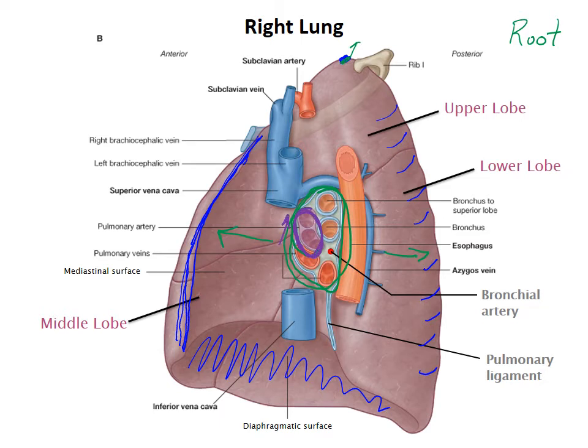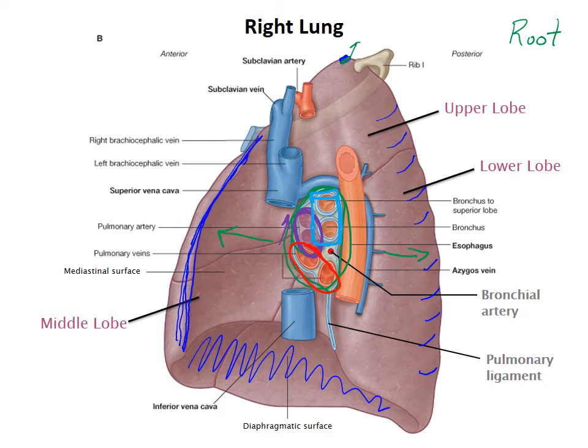I like to say that the artery is closer to the apex of the heart, while the veins are lower, generally speaking. And then we have an airway that is generally posterior to the artery and often posterior to the veins as well, although we don't see that in this picture.